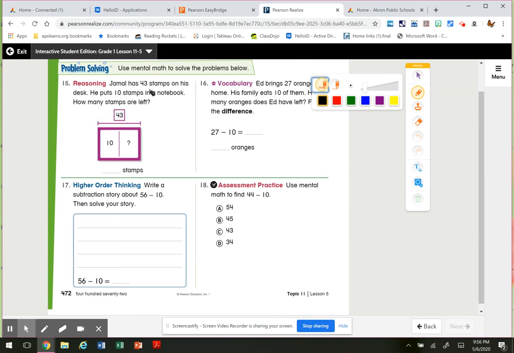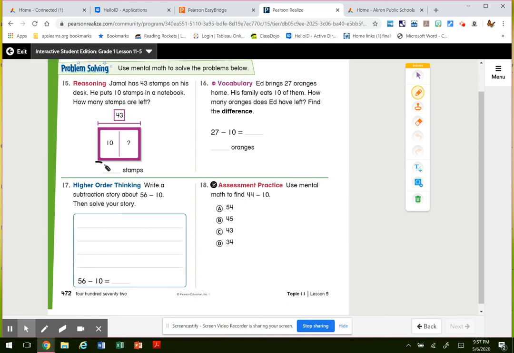Jamal has 43 stamps on his desk. So that's the whole. He puts 10 stamps in a notebook. How many stamps are left? So let's use mental math. In our tens column the digit is a 4, and down here is a 1. So we're going to decrease that 4 by 1. 4 take away 1 is 3.